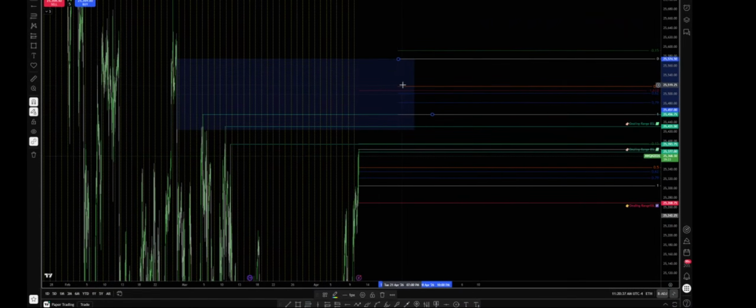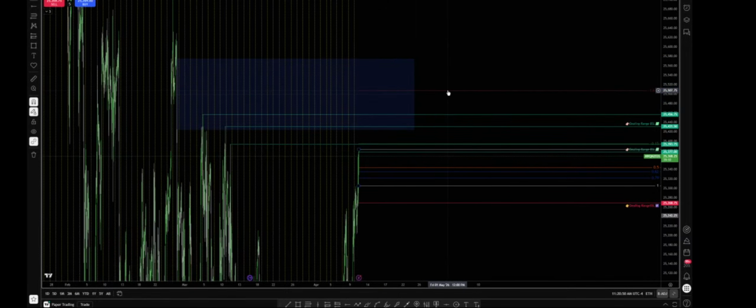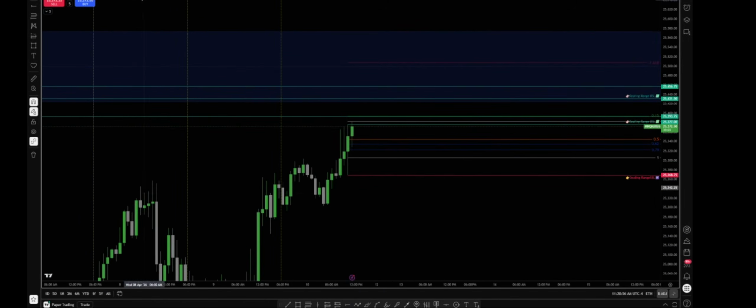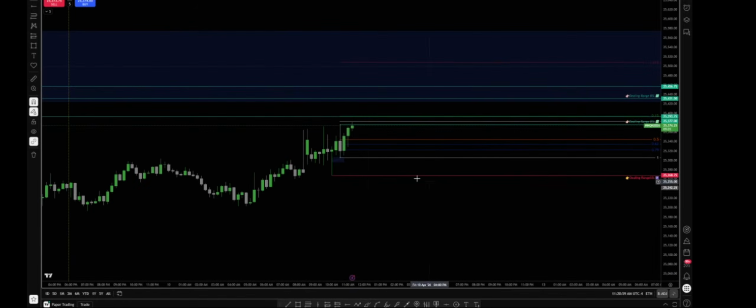So it should trade until this, which is, let me make a mean threshold. So that's like 25,515, that far, if it is still bullish.